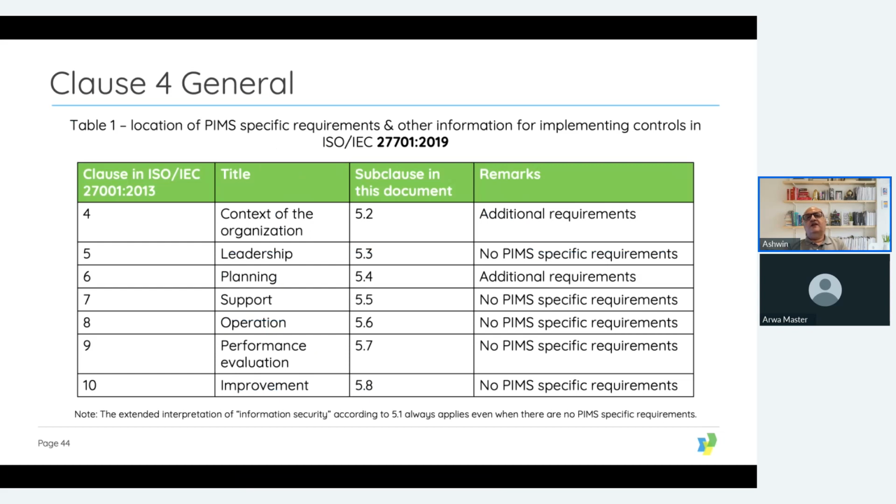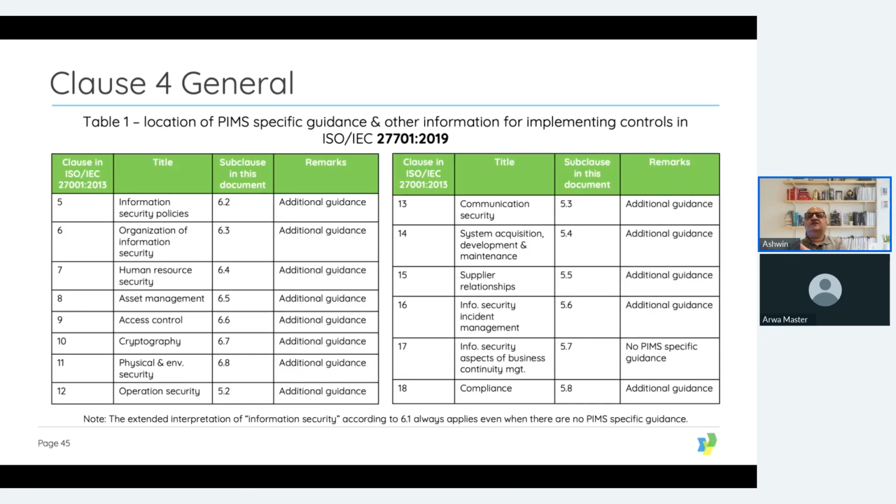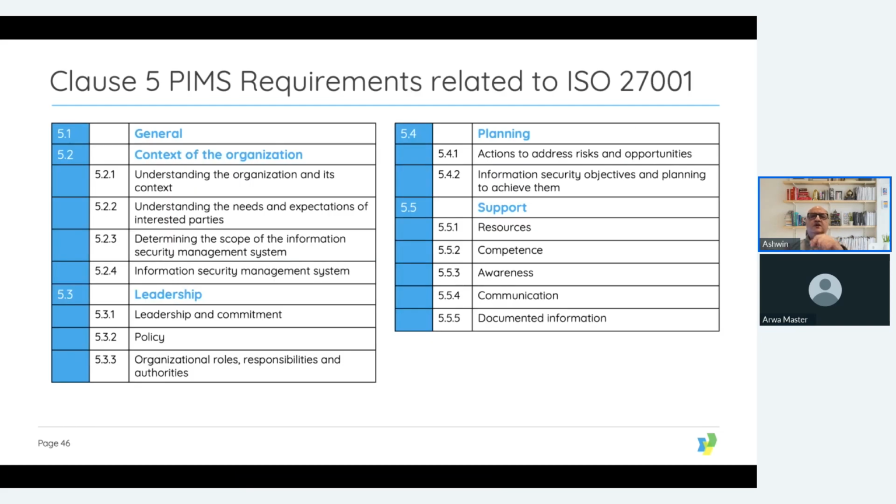Now, if you look at the general framework, it talks about the same ISMS principles of the clauses, first from 4 to 10, which is the same as per ISMS. Then it talks about the annex controls from asset management, information security policies, and so on, which is the same as ISMS. I'm going to focus only on specific areas.